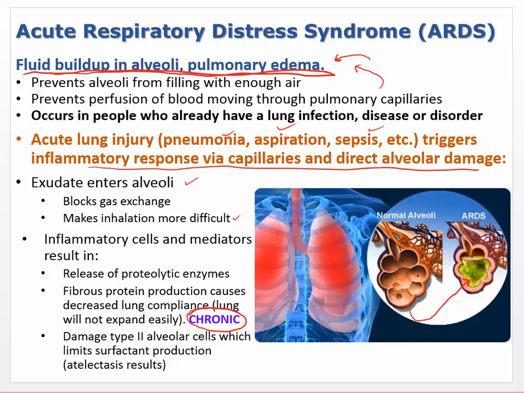It damages these type 2 alveolar cells, which is going to limit surfactant production. That's going to pull those alveoli closed, and they're not going to be able to expand as much. And what do we call it when we have incomplete lung expansion? Atelectasis. So atelectasis is going to result, and that again is because of this lack of surfactant.